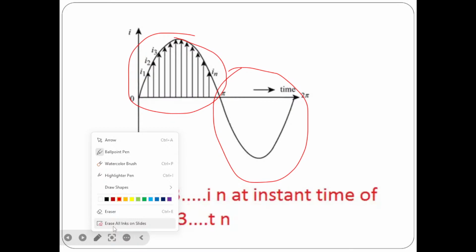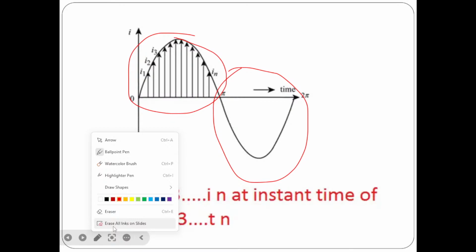Similarly, if I want to determine the instantaneous power, we know the power relation P is equal to V into I. So to determine the instantaneous power, we must consider instantaneous voltage and instantaneous current.